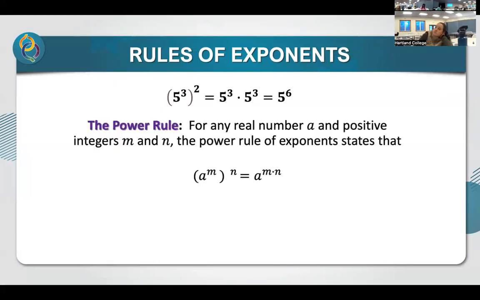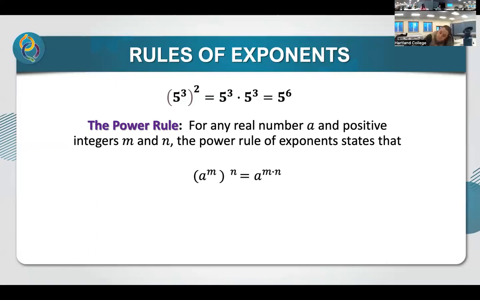We call this the power rule. For any real number a and positive integers m and n, the power rule of exponents is this: when you take a to a certain power and raise it to another power, you just multiply the exponents. So a to the m, raised to the n, will be a to the m times n.